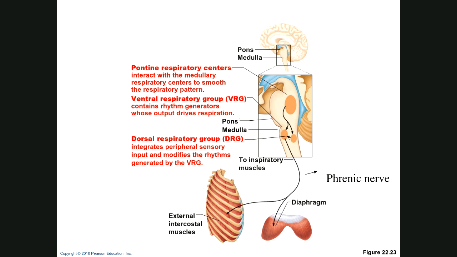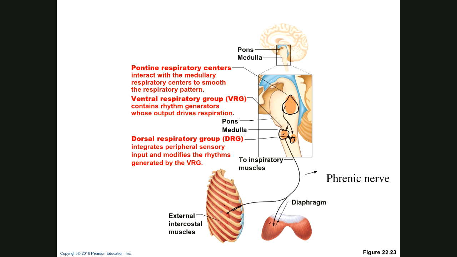Okay, so here is the ventral respiratory group, the dorsal respiratory group of the medulla. This is the pons respiratory group. And the muscles of respiration are being controlled by the dorsal respiratory group. The ventral respiratory group is going to influence the dorsal respiratory group and maintain its rhythm.